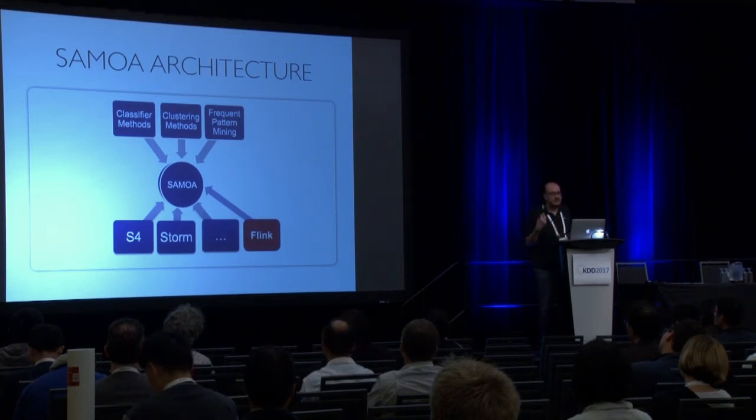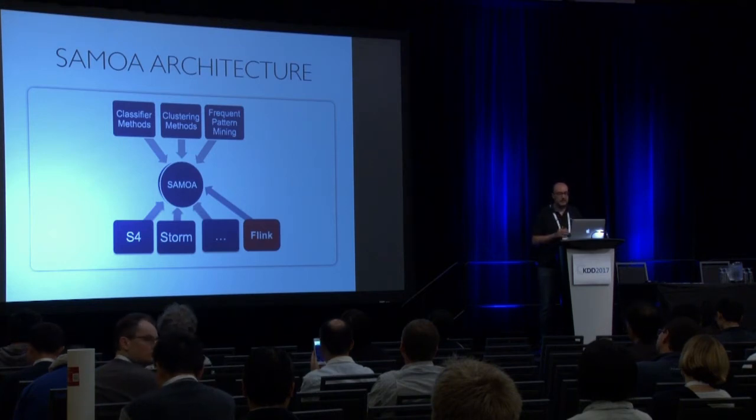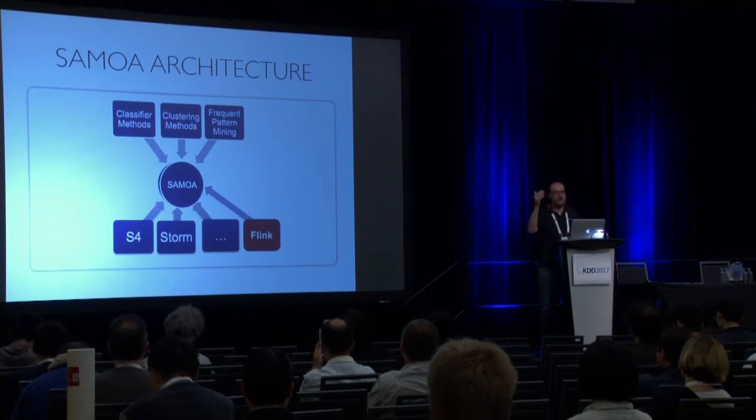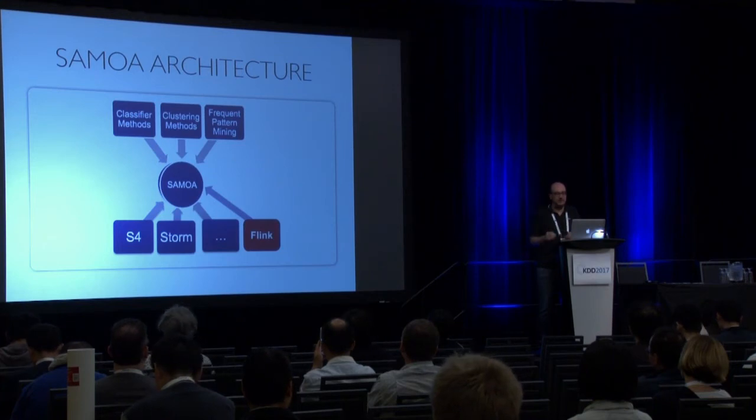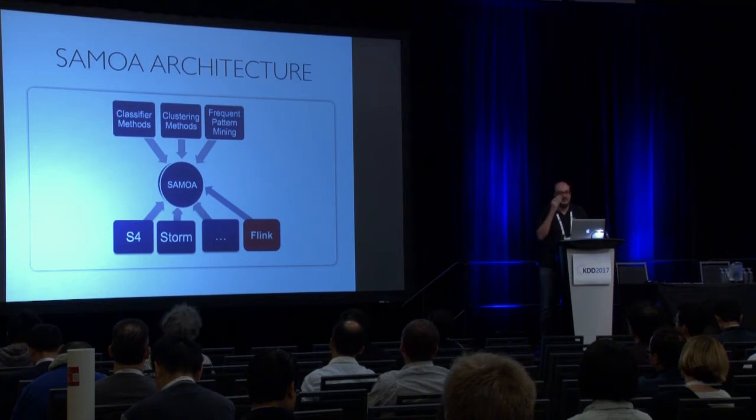So we have different stream engines where we can apply it. The idea is that we are processing instances one by one, so in that case, it's really streaming. And then we can support all the stream engines that process instances one by one.